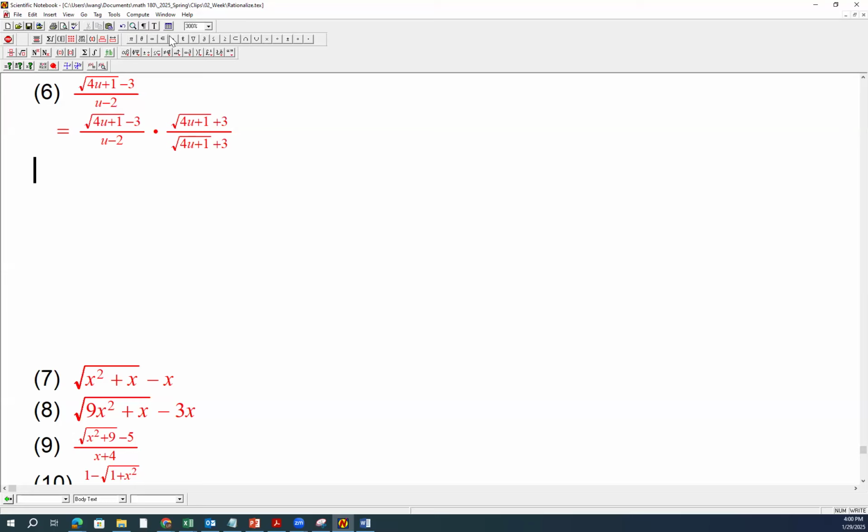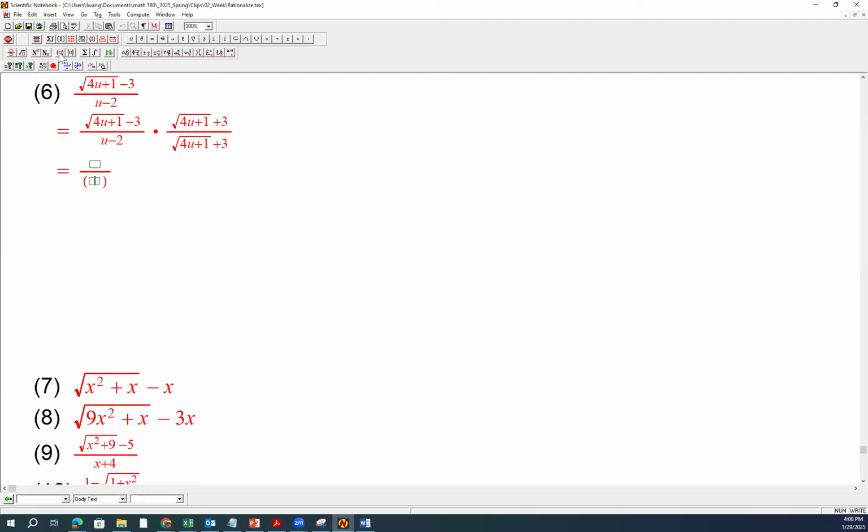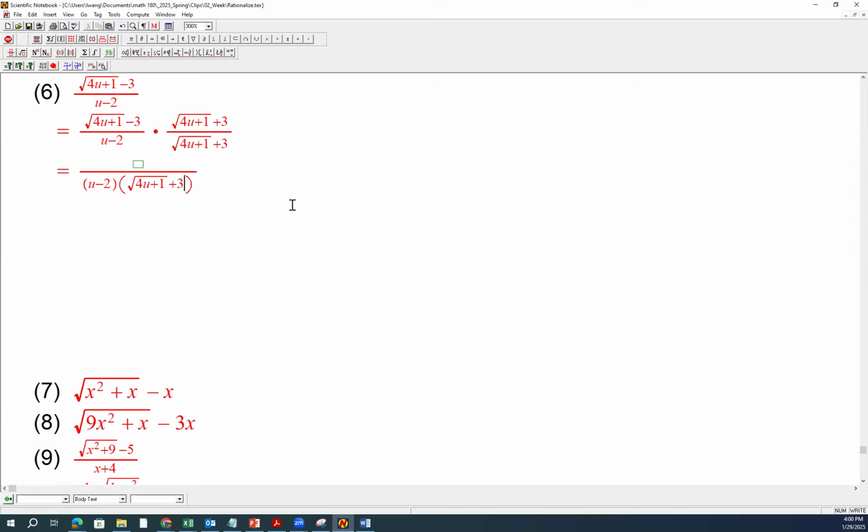All right? On the next step, denominator times denominator. In the denominator, we have a u minus 2. So we must bring u minus 2 inside the parentheses and multiply the other denominator right there.